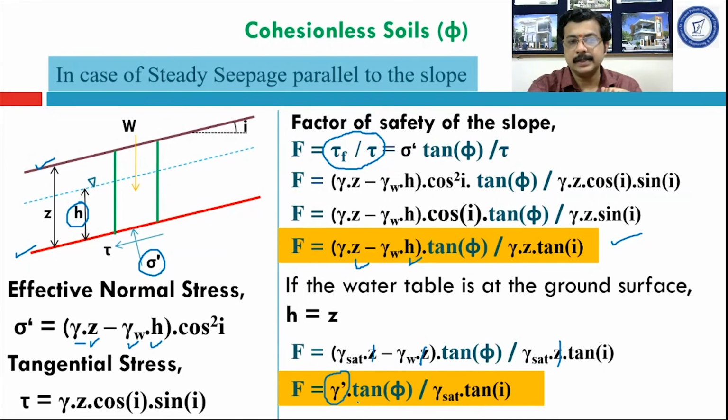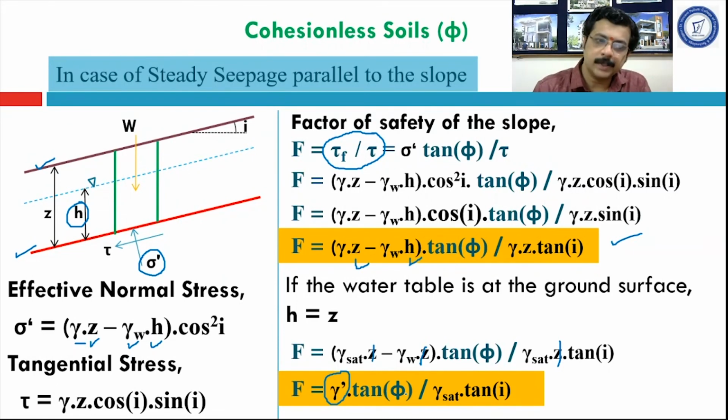So this is the ratio of submerged unit weight to the saturated unit weight of the soil. Tan phi and tan i are similar to our previous condition. Okay, here also we can say that this factor of safety is independent of depth of failure plane. Rather, it is dependent on the ratio of submerged unit weight to saturated unit weight of the soil.